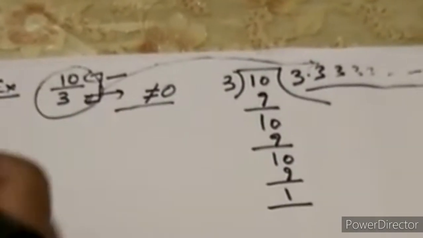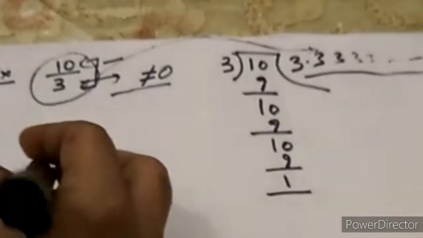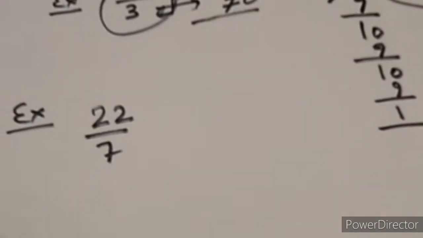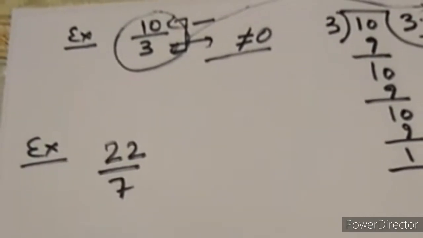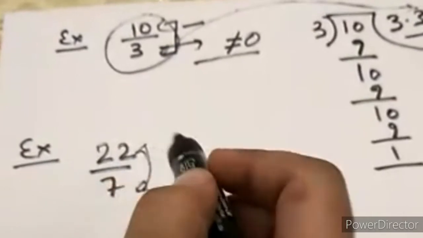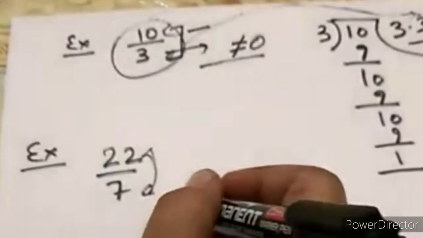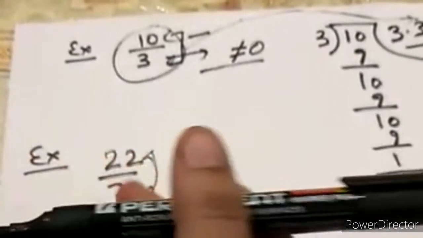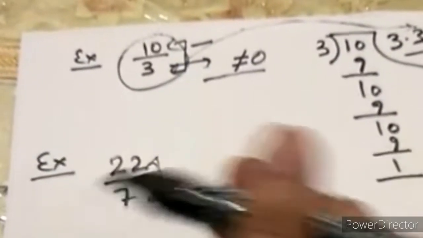Now, another very classic example, again, 22 by 7. Is this a rational number? Let us check. These are co-prime. Definitely these are co-prime. They don't have any common factor. They both are integers. Our denominator q is not at all 0.